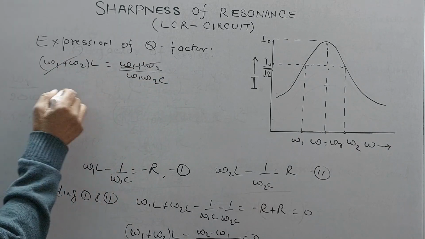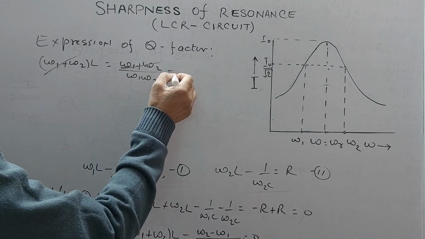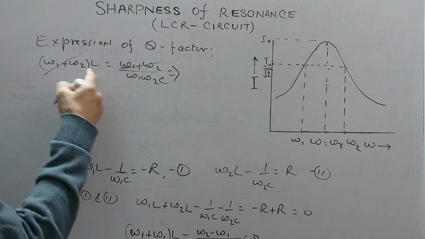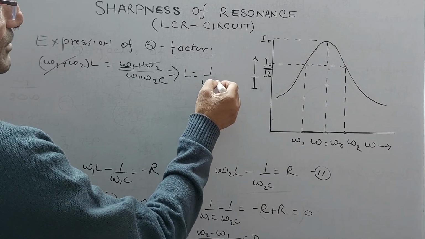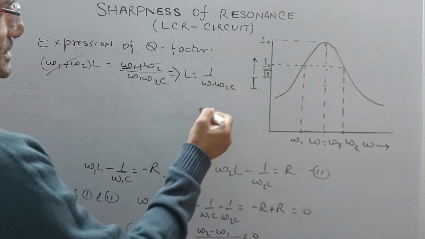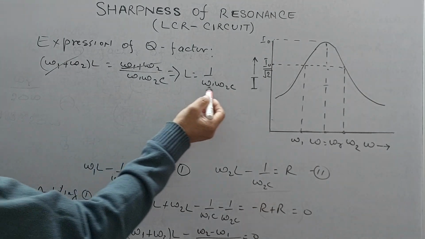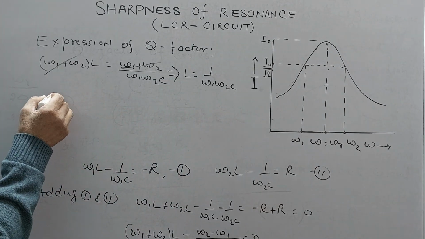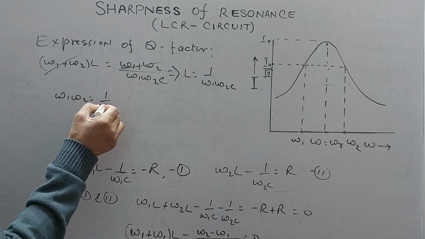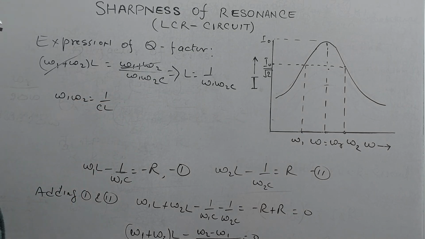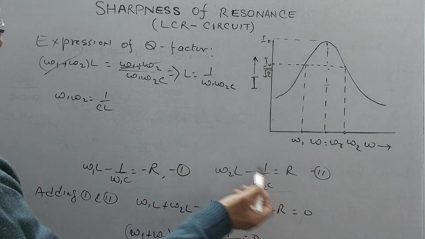So finally I am able to find the value: L is equal to 1 upon omega 1 omega 2 times C. If I take omega 1 and omega 2 in the numerator, omega 1 omega 2 is equal to 1 upon CL. This is one value of omega 1 omega 2 after adding first and second.